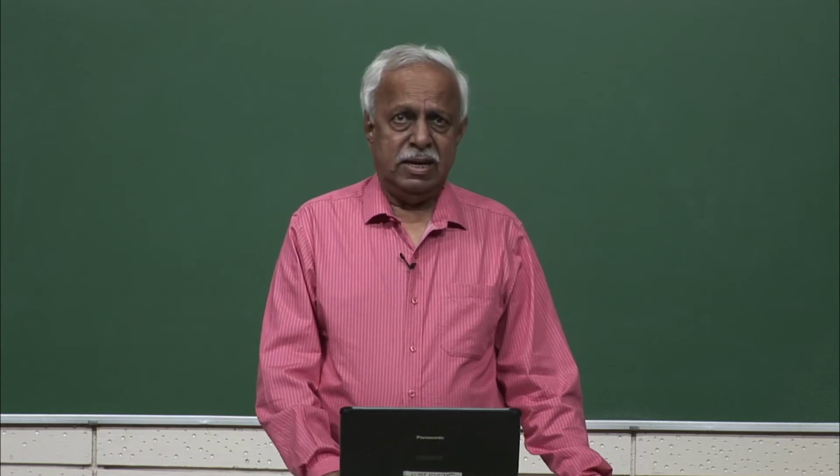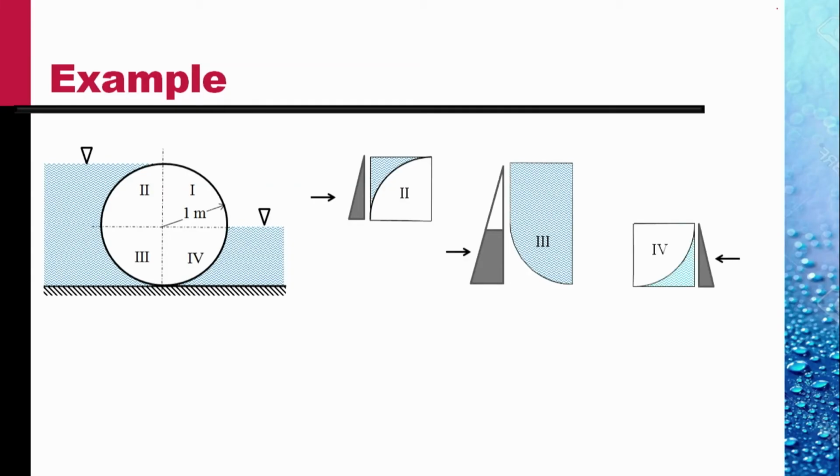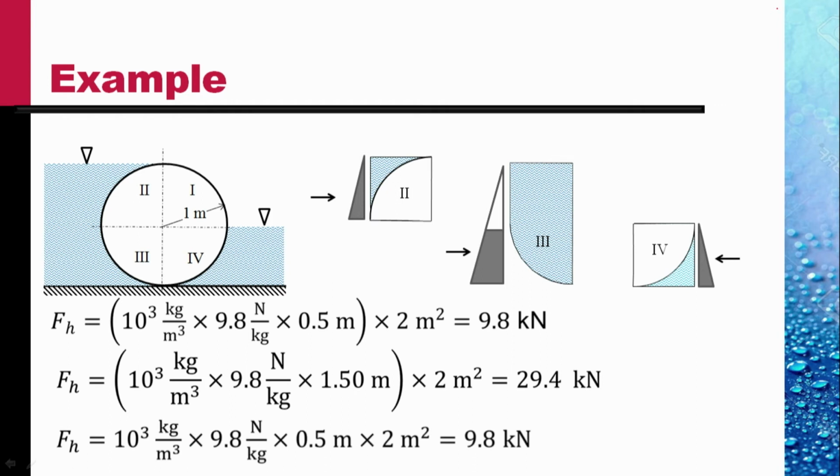On the fourth quadrant, the pressure variation is as shown. The depth of the centroid would again be at 1/2 meter from the top of this, and therefore all the three horizontal forces have been determined. They are respectively rho g h, where h is the depth of the centroid for each of the elements, into area of the plate.